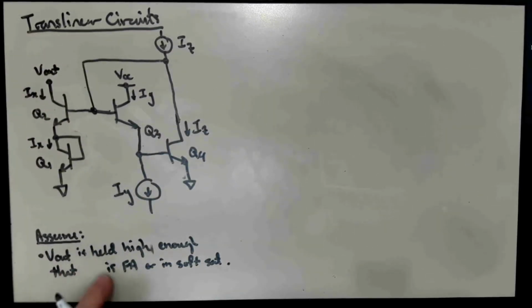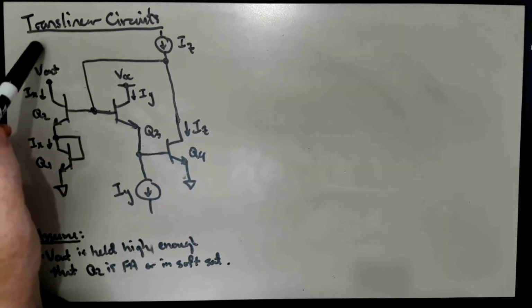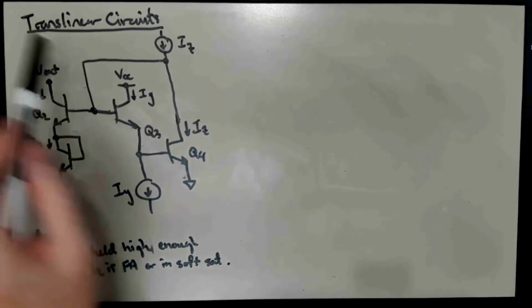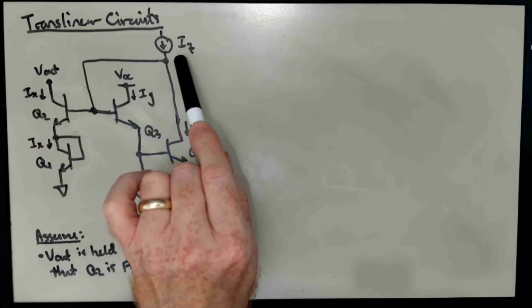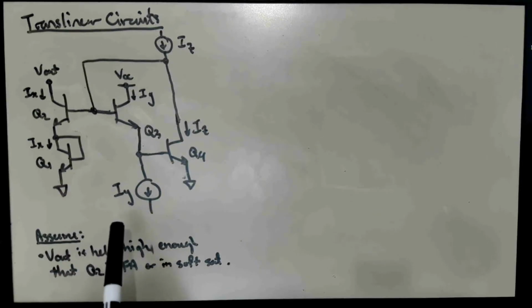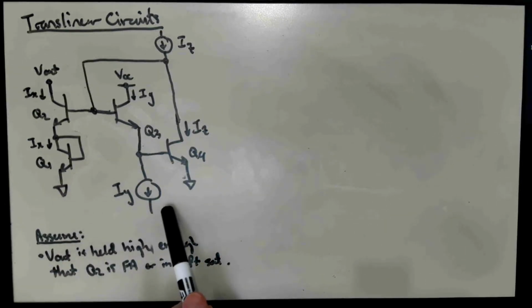And we're going to then change this assumption here that Q2 is held in the active mode. So here, we've basically taken our IX input current and eliminated it, and put in instead an IZ input current over here. And we still have our IY current down here.